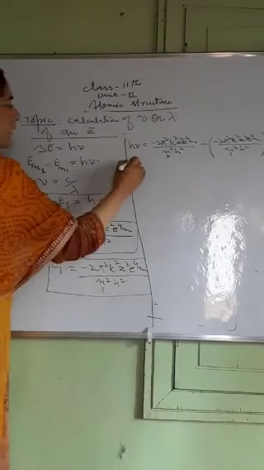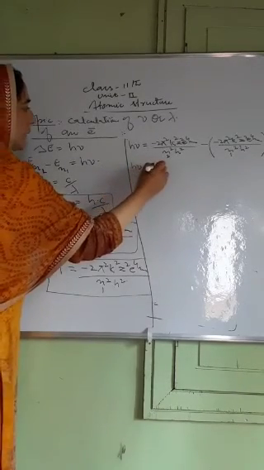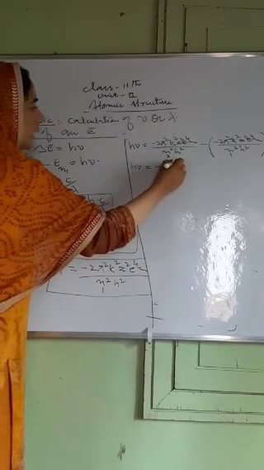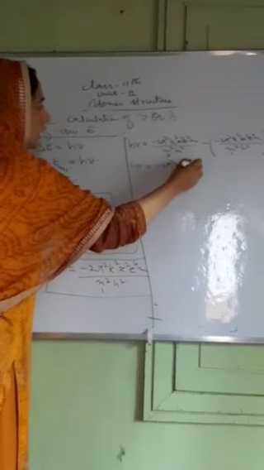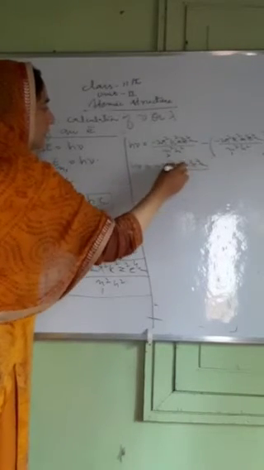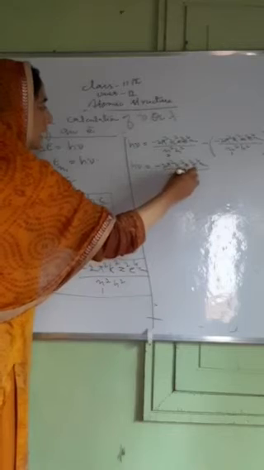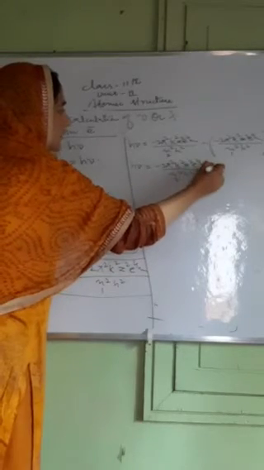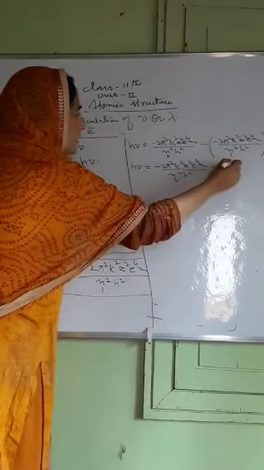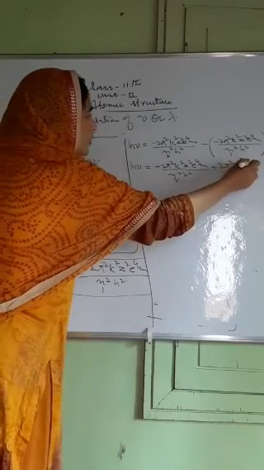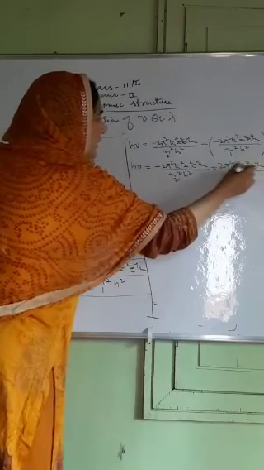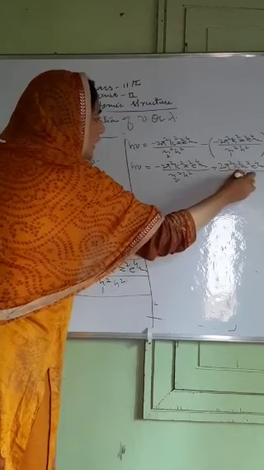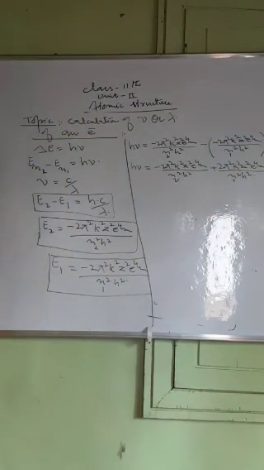So here you have h into mu is equal to minus 2 pi square k square z square E4 m divided by n2 square h square. Minus into minus it becomes plus, that is 2 pi square k square z square E4 m divided by n1 square h square.